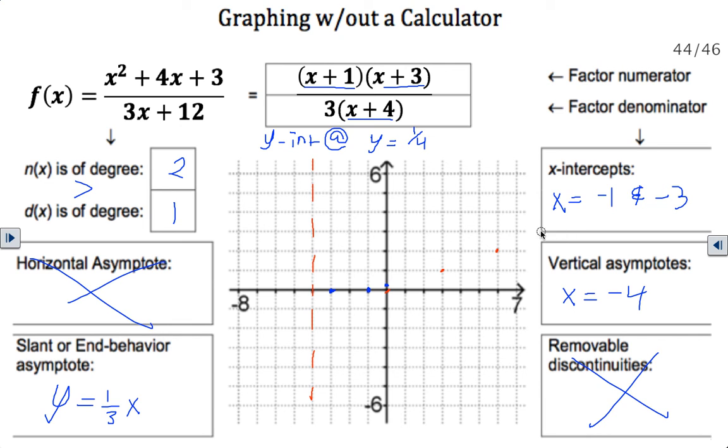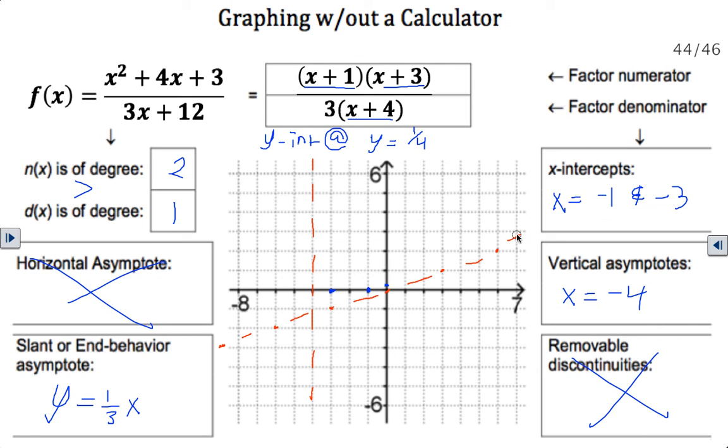Okay, up 1, I'm running out of space here, so now I'm going to go down 1 over 3, down 1 over 3, down 1 over 3, and again I'm running out of space, so approximately right here. Go ahead and add a couple extra dashes for this asymptote.